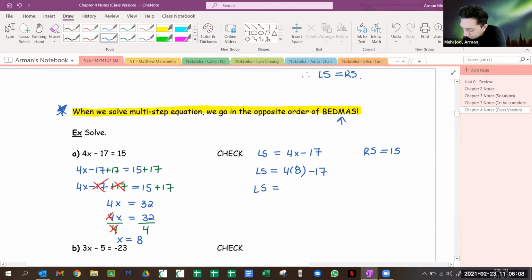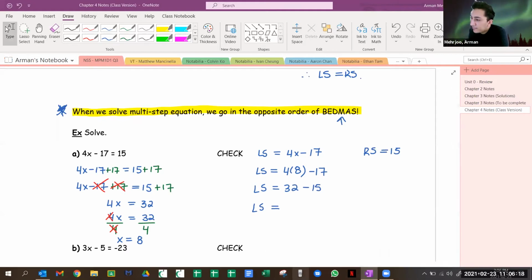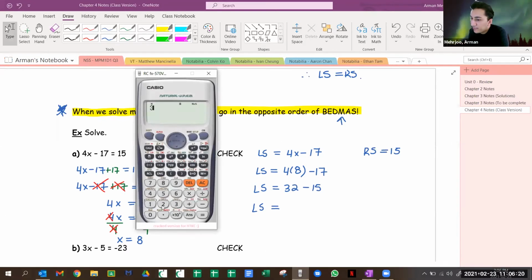Let's see if we can figure out what's 4 times 8. Well, 4 times 8 is going to be 32. And 32 minus 15, let's just punch it in here. 32 minus 15 is 17.